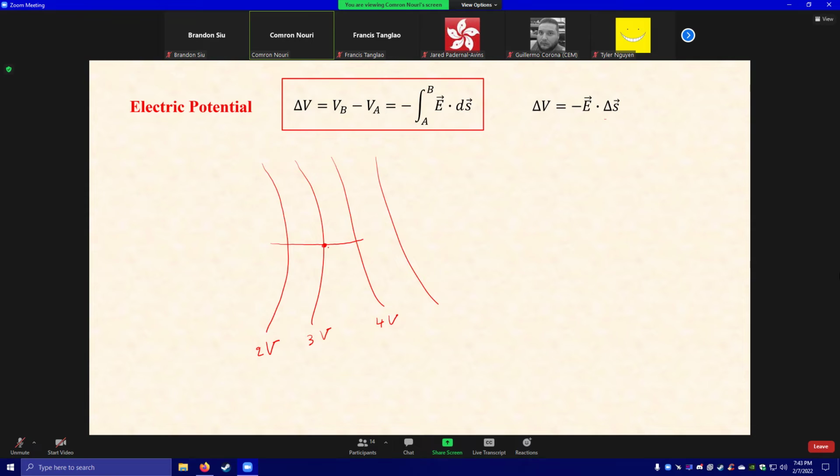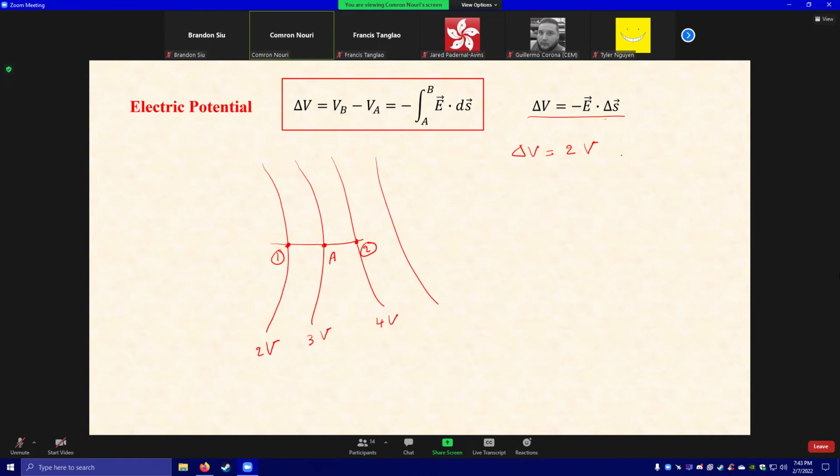And here is your point A. You can go a step here to 4 volts and a step back to 2 volts, and apply this formula. From this point to this point, delta V is equal to 2 volts.